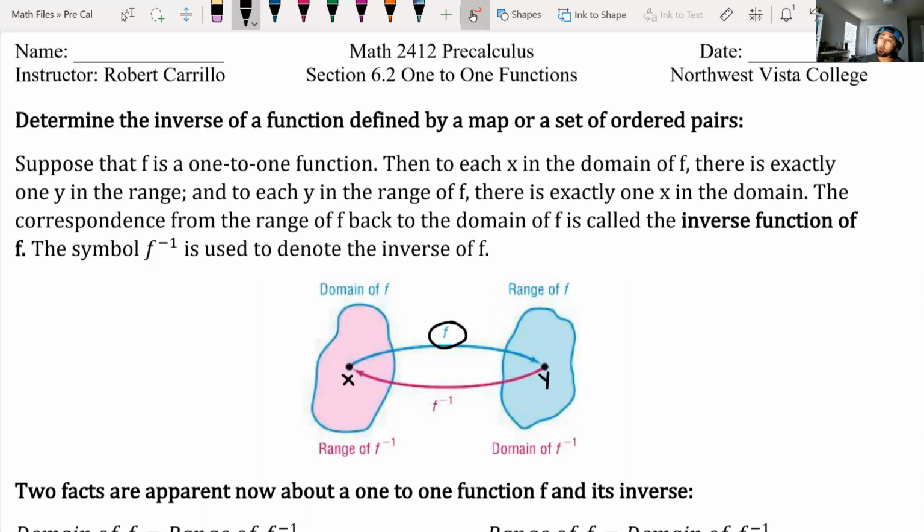And this means that there must be a y value in the range such that there's an x value in the domain. And this is how we define the inverse. So in order to go back from the range to the domain, we use the inverse function. So we are able to go back and forth as long as the functions are one-to-one. So to get from the domain to the range, we use f, and to get back from the range to the domain, we use the inverse function. Okay.